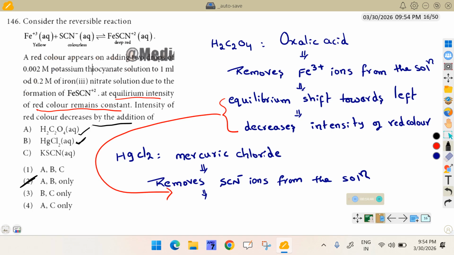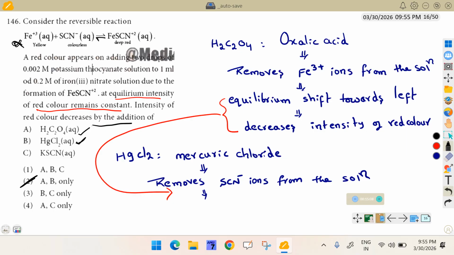How? Oxalic acid removes Fe3+ ions from the solution. So the equilibrium shifts towards the left side because the reactants concentration decreases, according to Le Chatelier's principle.